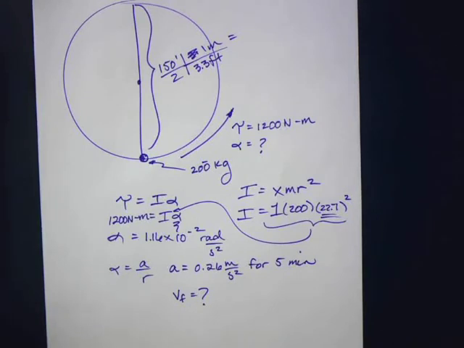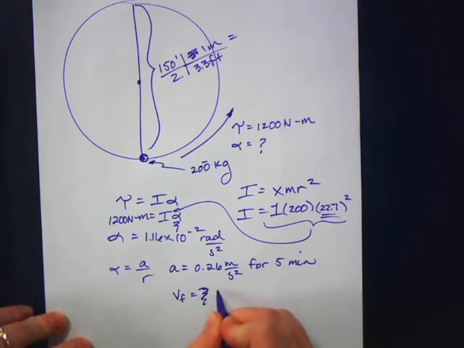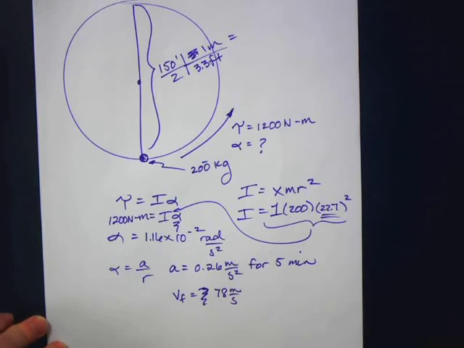So we're going to start from rest when we climb onto the Ferris wheel. Anybody have an answer they'd like to venture? Eric, did you get this one yet? Not yet? All right. 78. 78 is what I got as well. So the final velocity is 78 meters per second.